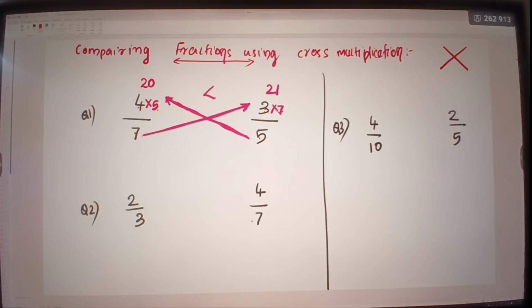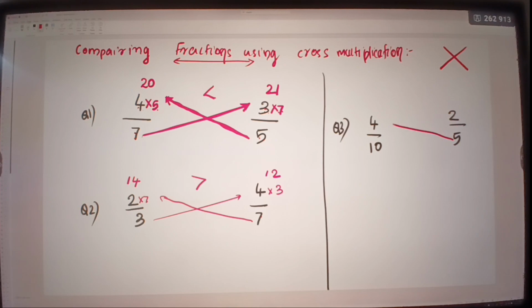Just like that you draw a cross. So 2 times 7, 3 times 4. So 2 times 7 is 14. 4 times 3 is 12. So 14 is greater than 12. So 2 over 3 is greater than 4 over 7.